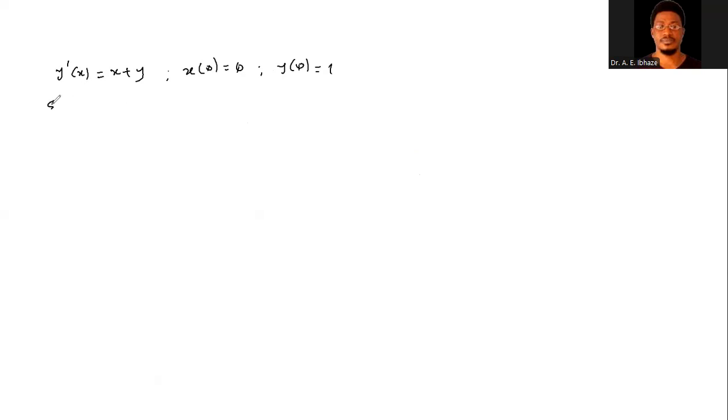And we know that the exact solution is y of x being the same as 2e^x minus x minus 1. So we have to resolve y of 0.1. So that is the problem.